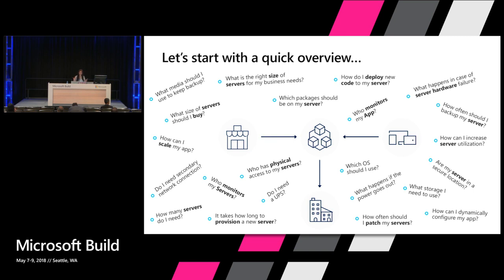Who has physical access to our servers? Who monitors them? And while you can answer some of these questions with infrastructure as a service, with PaaS and serverless, as some of you guys know already, this is abstracted away, and we worry about maintaining the high availability and actually updating and maintaining that infrastructure.